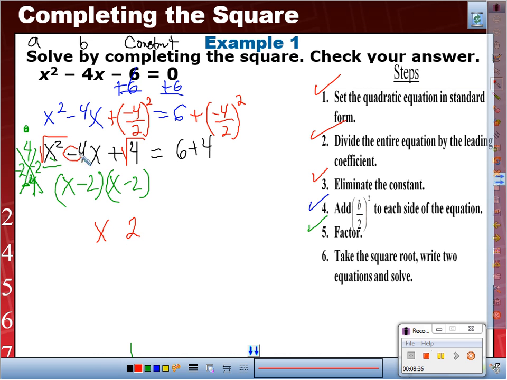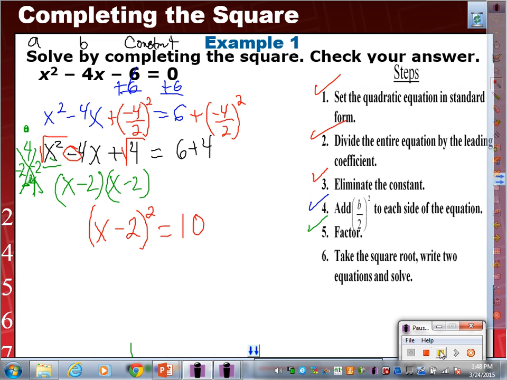Yes, and it's got a subtraction, so this could be written as x minus 2 squared, and I bring this down. Copy that, please. That's it? No, we're still not done. That's it for step 5. Copy that, please. So up to the right there, we're good, right?